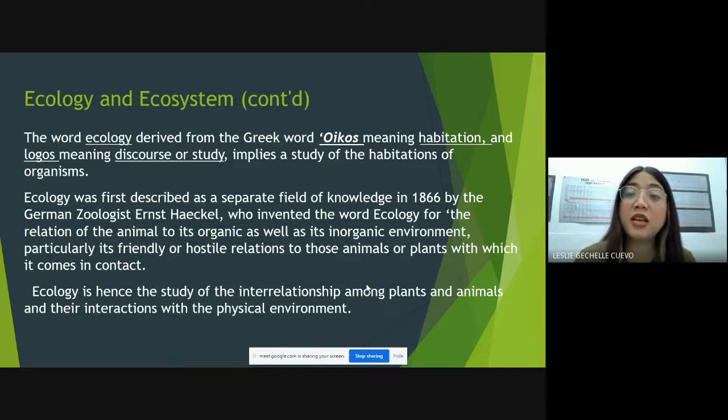Ecology is hence the study of the interrelationship among plants and animals and their interactions with the physical environment. So kung papaano nabubuhay, kung papaano kumikilos ang plants, ang animals in their physical environment. That's ecology.